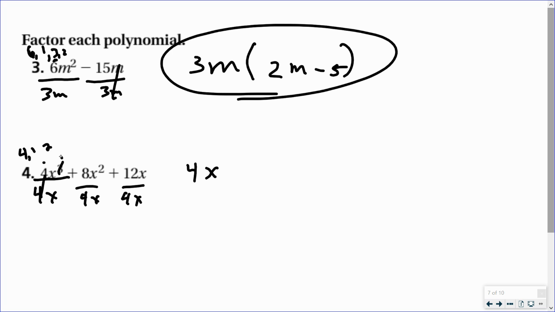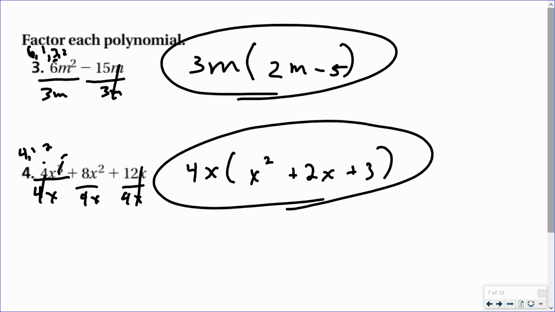And I just reduce this by 1. 4 will go into 8 2 times. And I reduce this by 1. 4 will go into 12 3 times. And the x's get it down. So there it is. Okay, definitely getting a little bit more challenging here as we go.